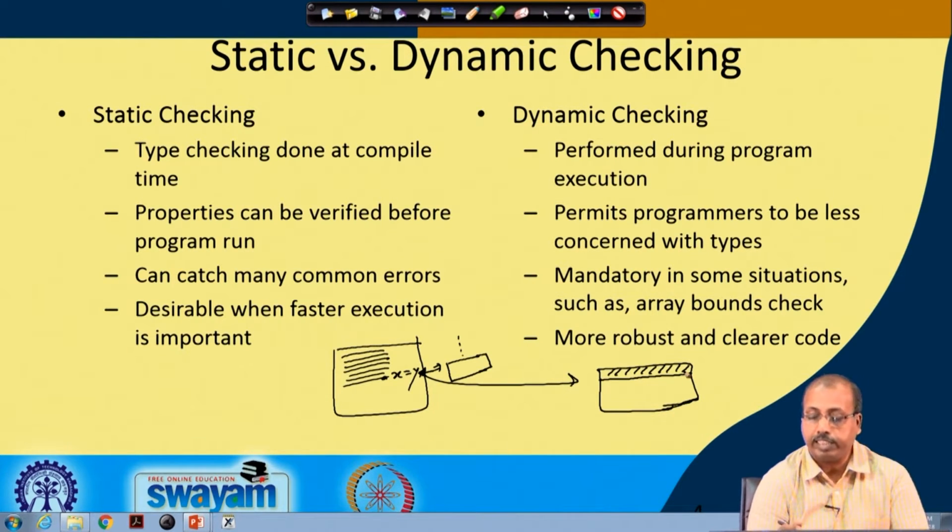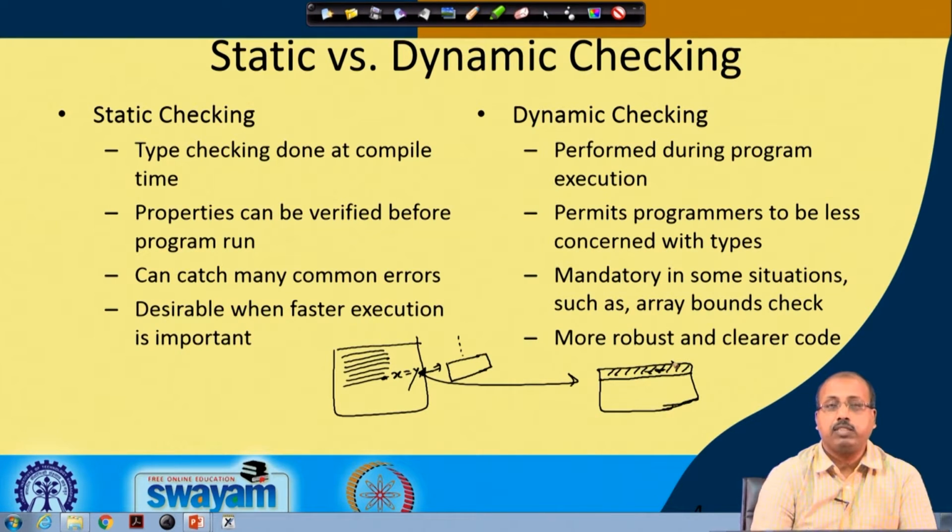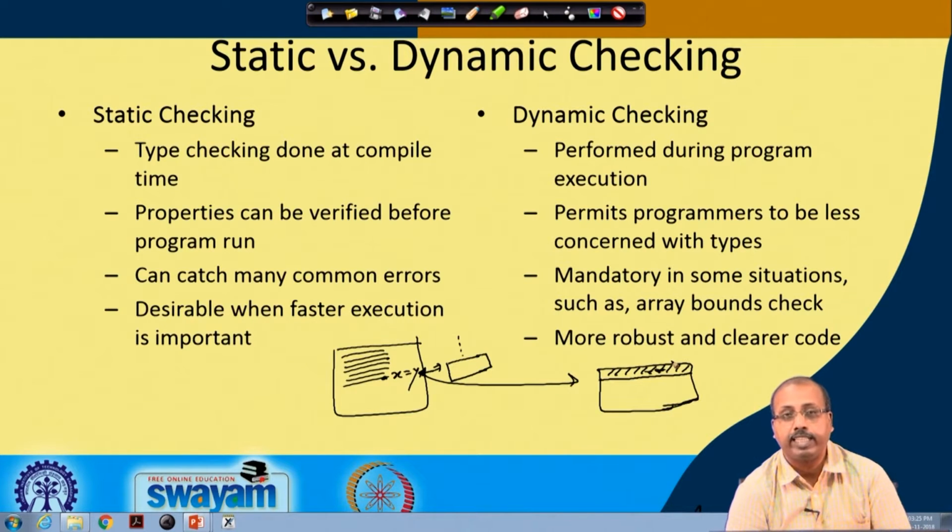This additional code has to be there along with this assignment, so that it will do the check for x and y as defined in the programming language. The program may generate an error if these types are not correct, or the execution may do something so that it is taken care of. That particular check is done by this piece of code.